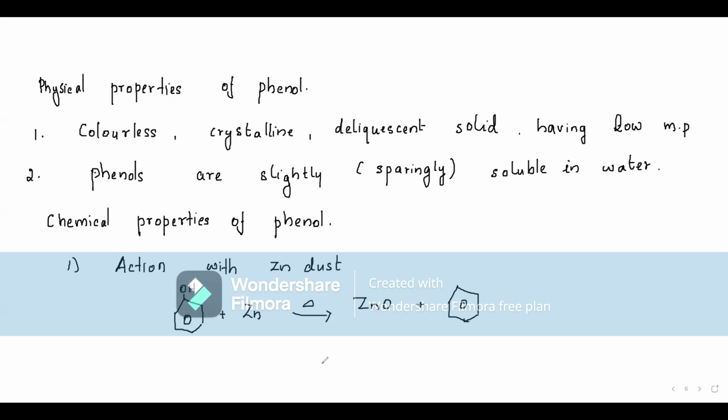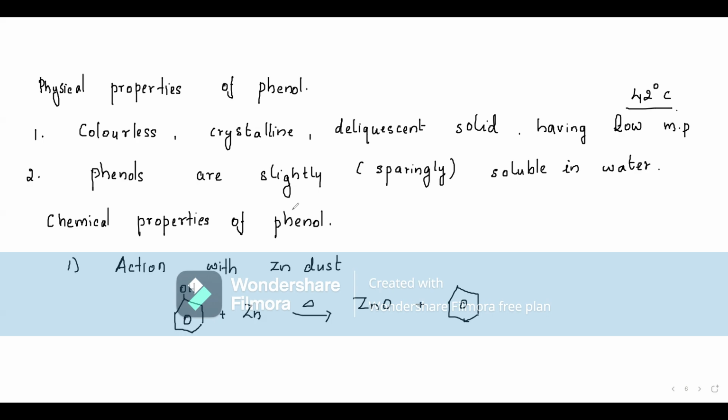Next topic is physical properties of phenol. So you can just note these points. Phenol is a colorless, crystalline, deliquescent solid. Its melting point is low, around 42 degrees Celsius. Need not memorize the melting point.